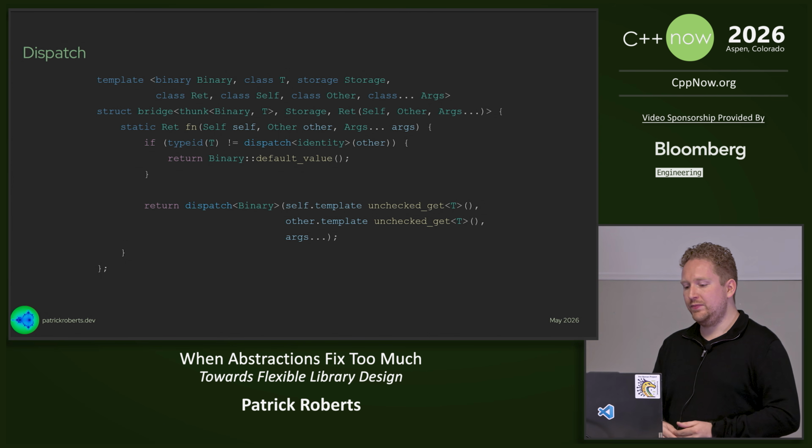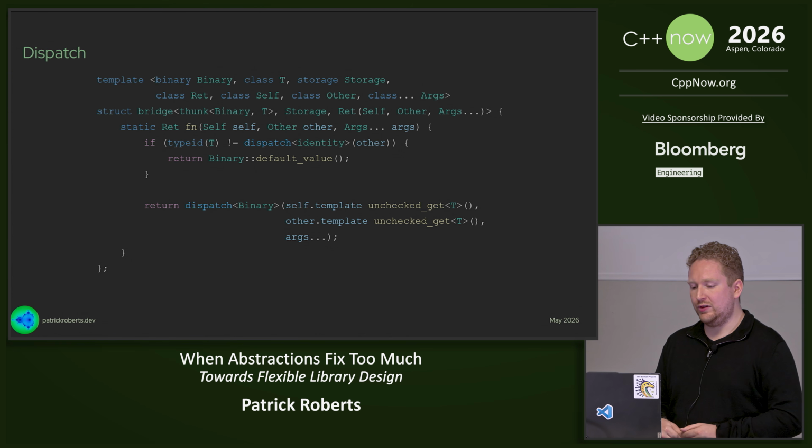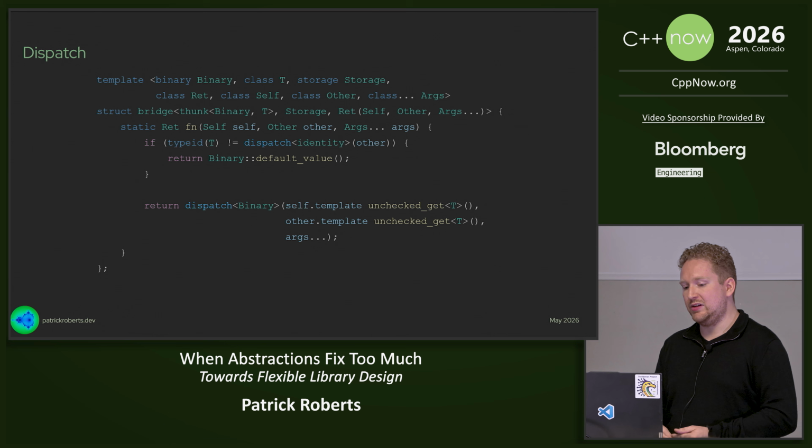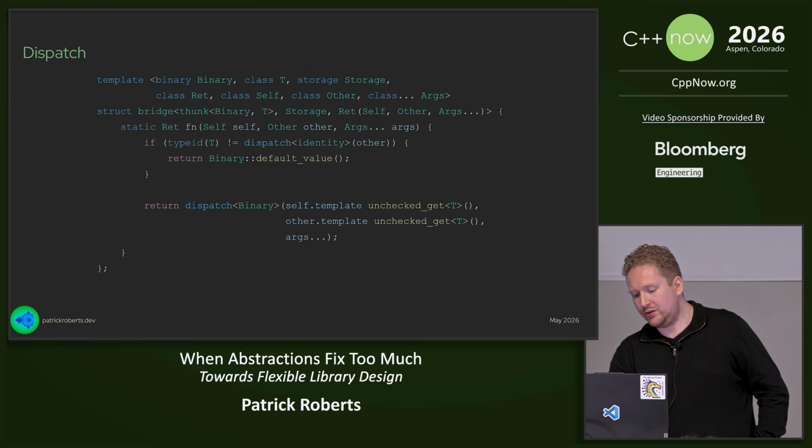But if they are equal, then we know that self and other both hold the concrete type T, and we can access that from the storage and then do the static dispatch on the capability, delegating to the implementation, not through a function pointer, just through invocation of a function that exists in a partial specialization of the bridge class template.